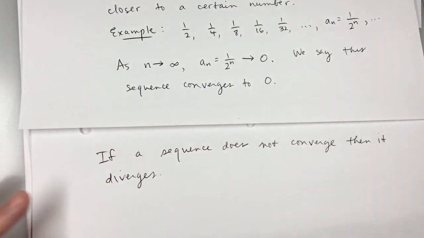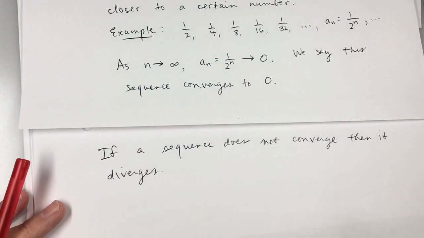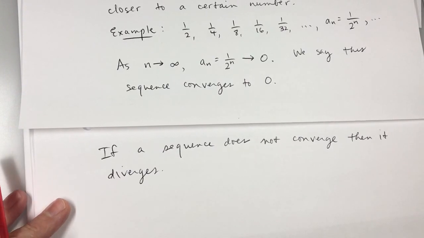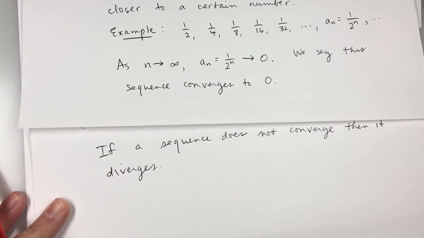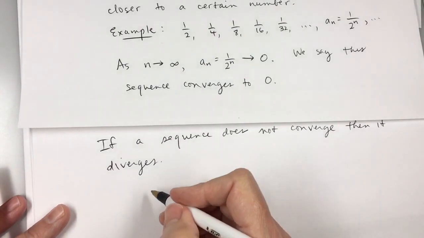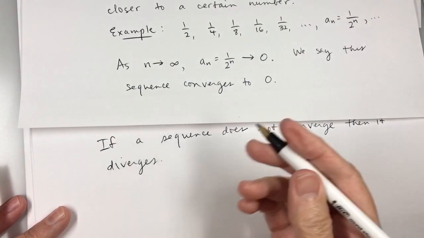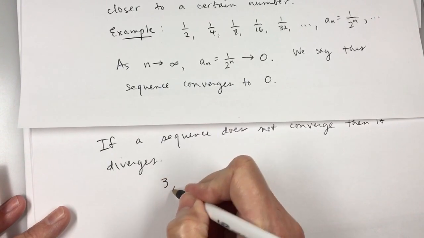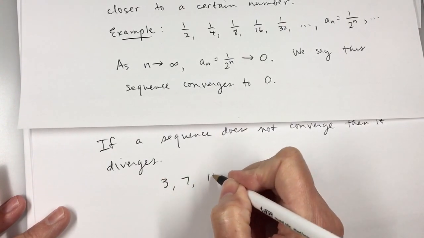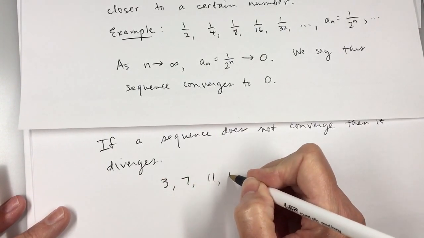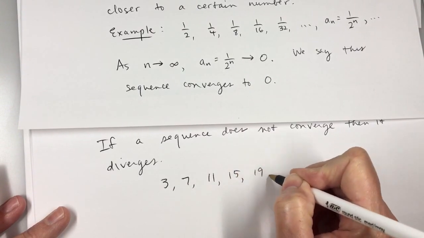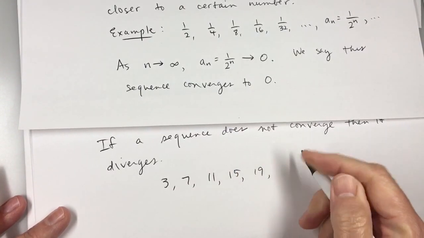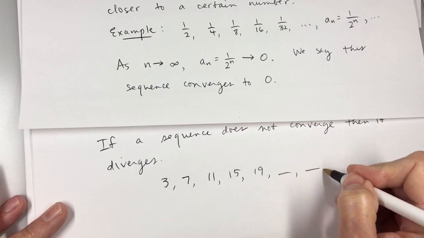There are all kinds of things that could diverge, but here's one of the examples. I don't remember the exact numbers, but let's do the add 4. If I start with 3 and then I add 4, I'm getting something like this. And I think that is the exact one I had done.